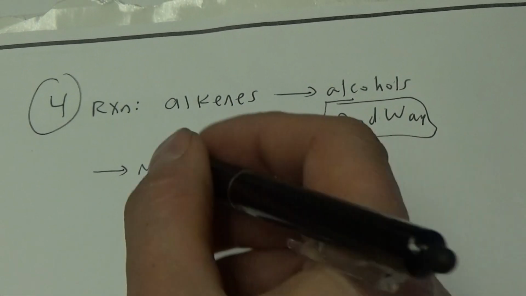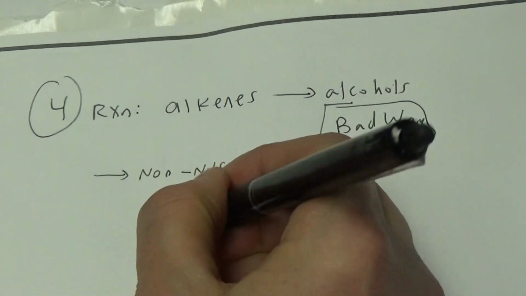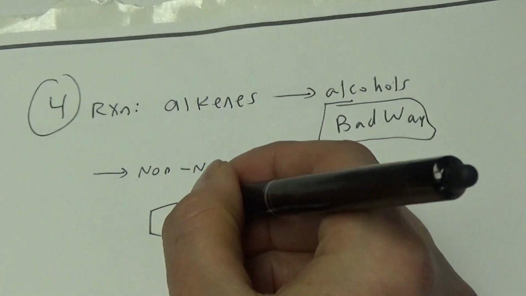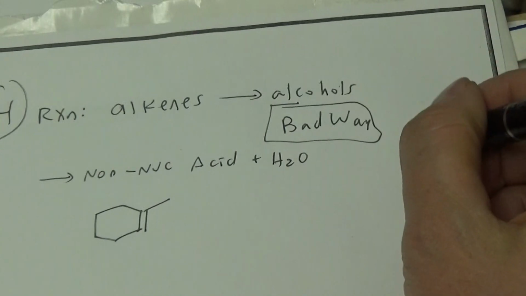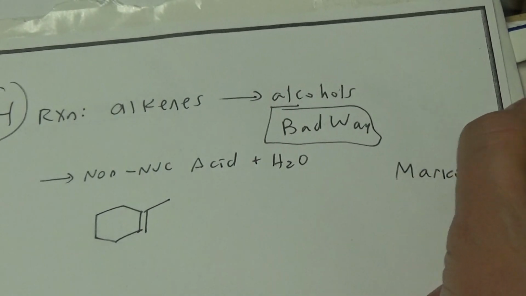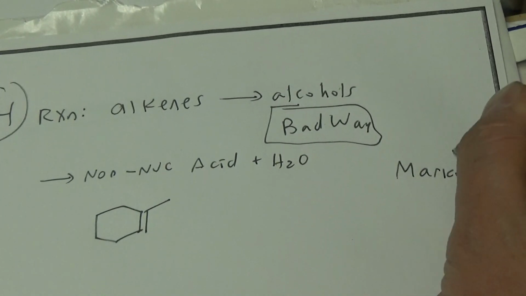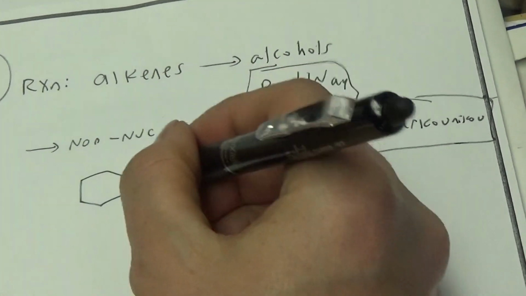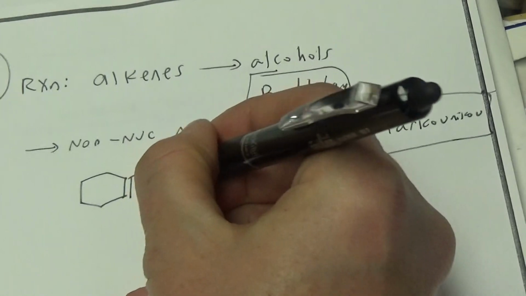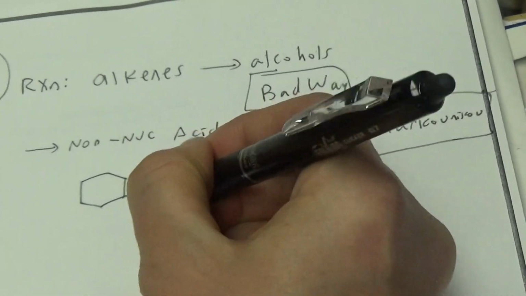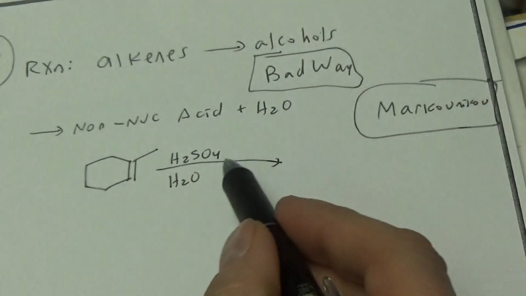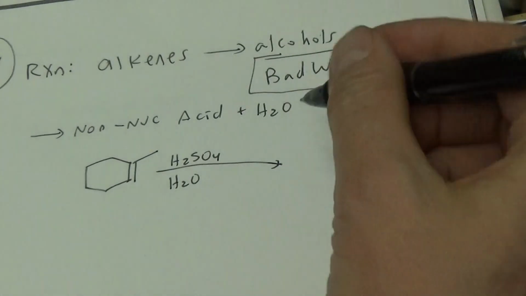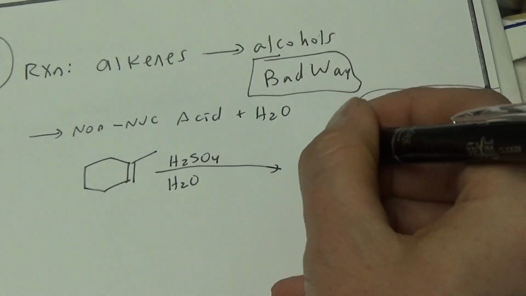It's another carbocation mechanism. It's actually really easy. This is Markovnikov. It's a Markovnikov reaction. So if we take an alkene and react it with H2SO4 and water, so non-nucleophilic acid and water, you get an alcohol.